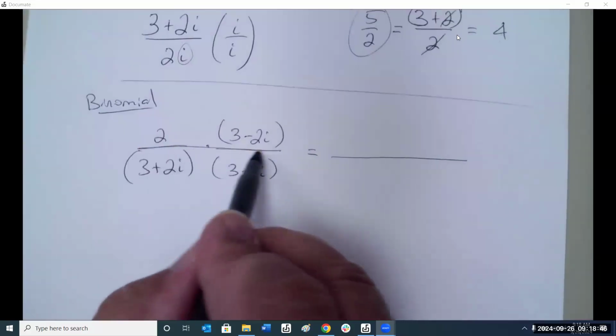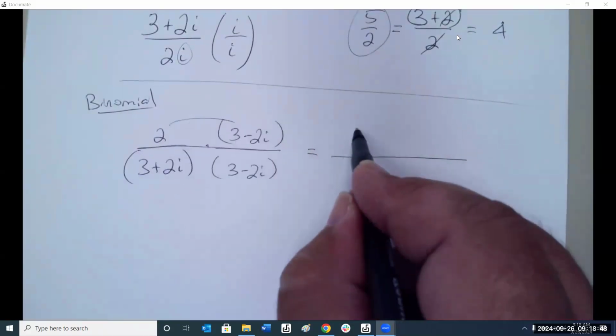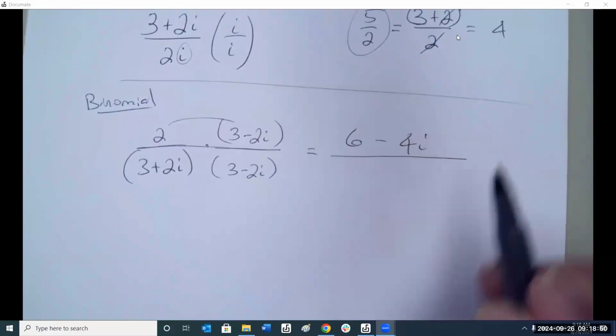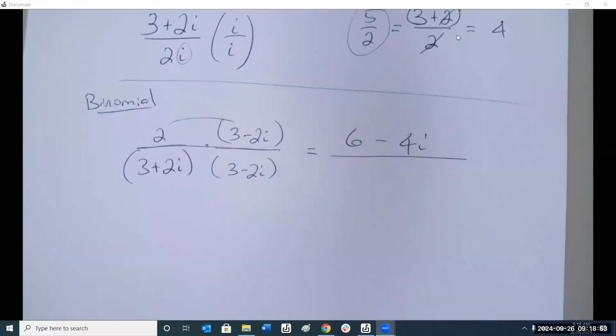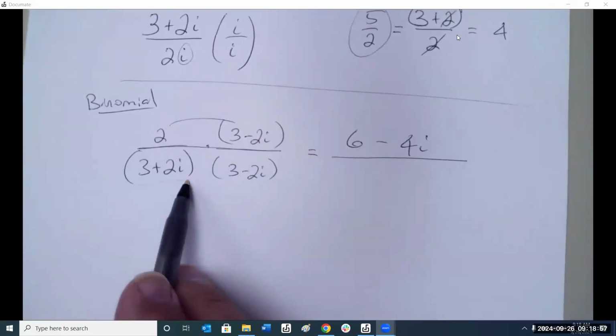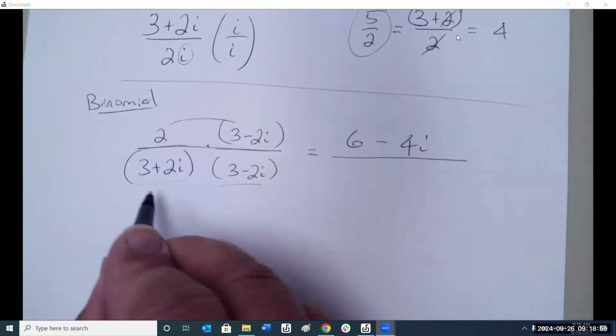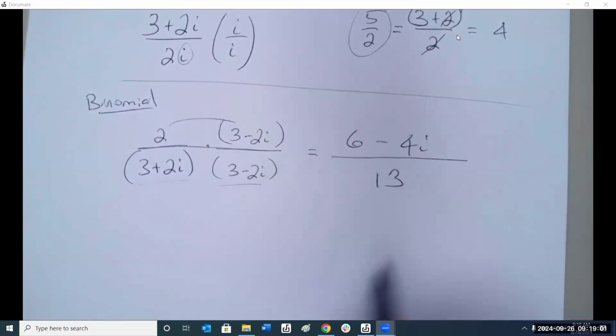So on top, we have two times this, which is 6 minus 4i. We distribute the two across, and the bottom, we're multiplying two conjugates, so it's 9 plus 4 is 13.